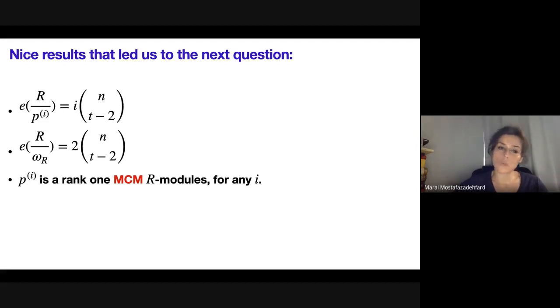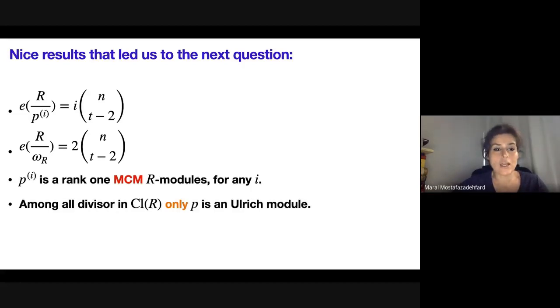If someone is interested in Ulrich modules, and wants to know which among all divisors in the divisor class group is the Ulrich module: roughly speaking, Ulrich means that the minimal number of generators of a maximal Cohen-Macaulay module is exactly equal to the multiplicity.